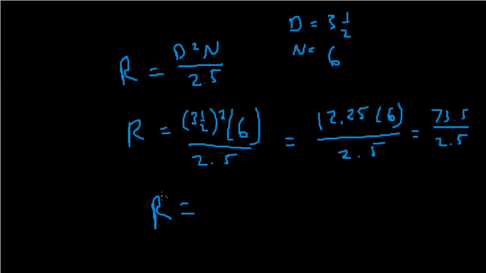Finally, if we want to find out what r is equal to, we will divide 73.5 divided by 2.5, which gives us 29.4. Then we've now evaluated this formula and found that r is equal to 29.4.